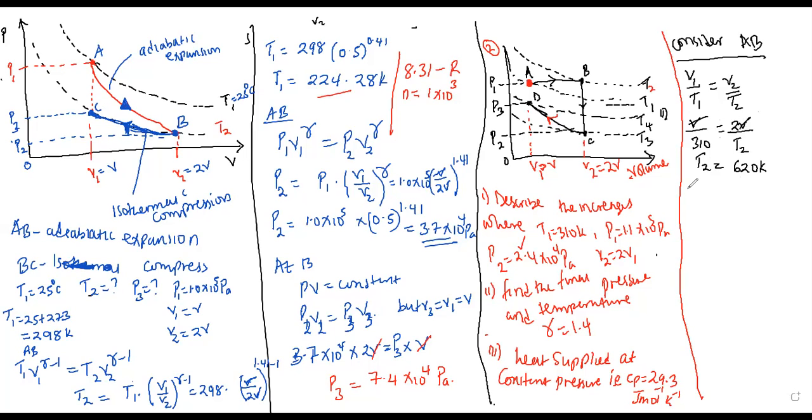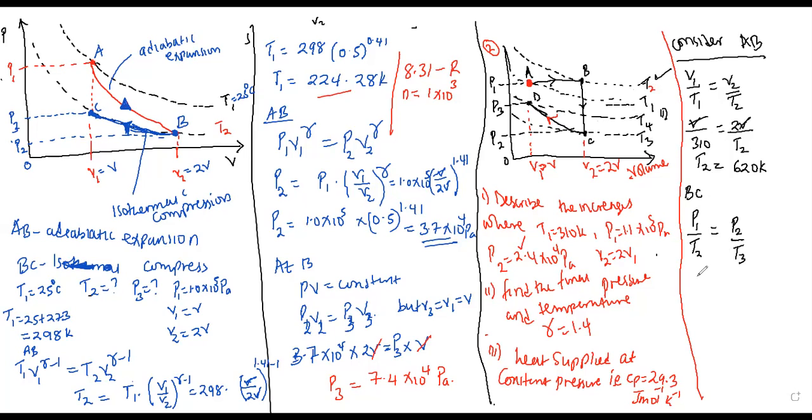So when you consider BC, it is occurring at a constant volume. P1 was occurring at a temperature T2. Then P2 is occurring at a temperature T3.